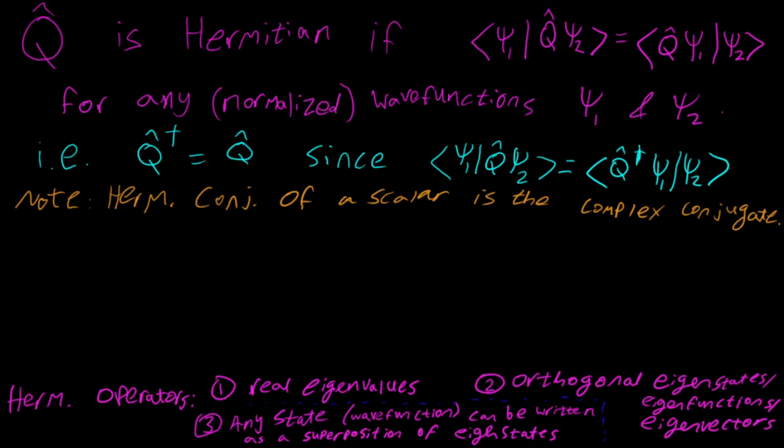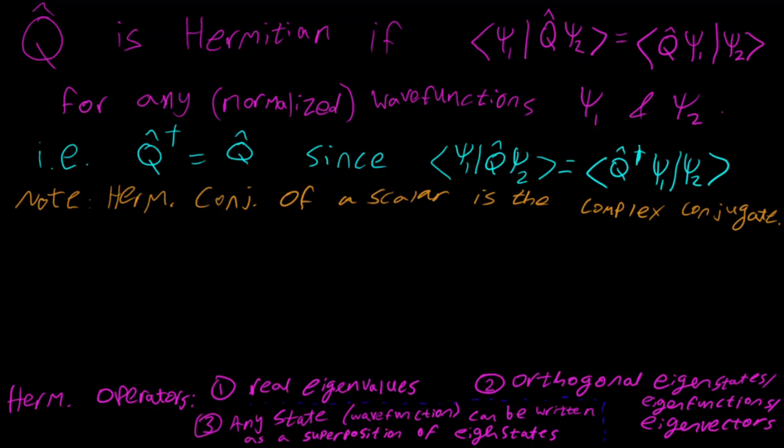Second is the eigenstates, or eigenfunctions, or eigenvectors. These are all kind of interchangeable. The functions are in function space, vectors are in vector space, but in general they're all eigenstates. The eigenstates are orthogonal.